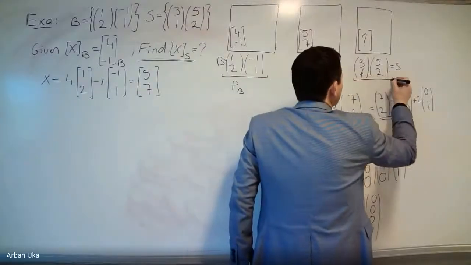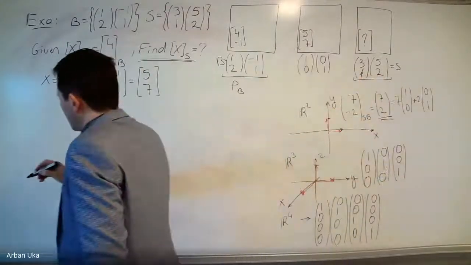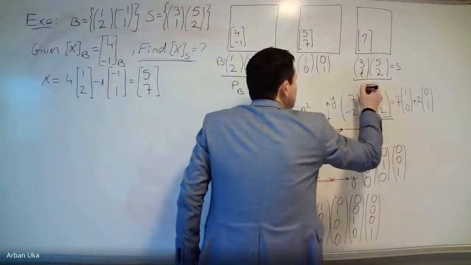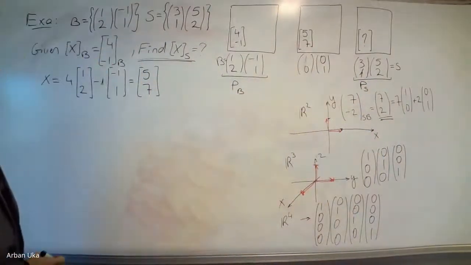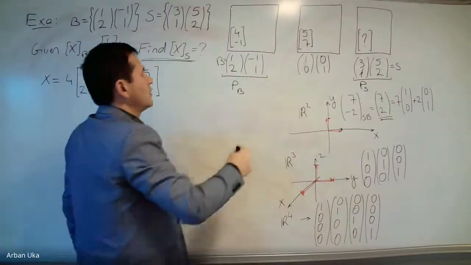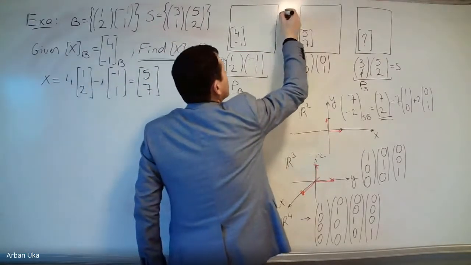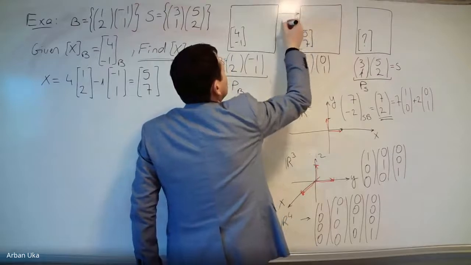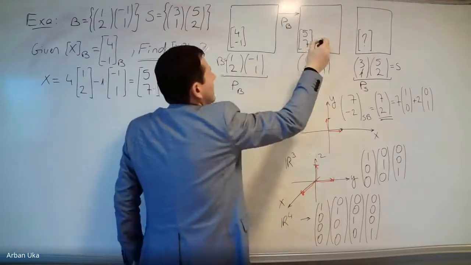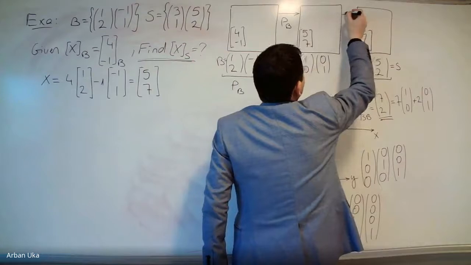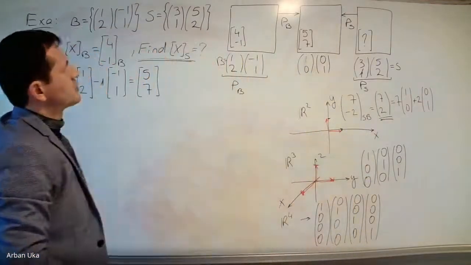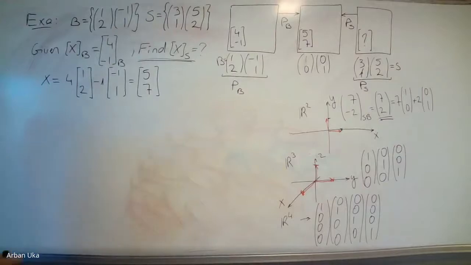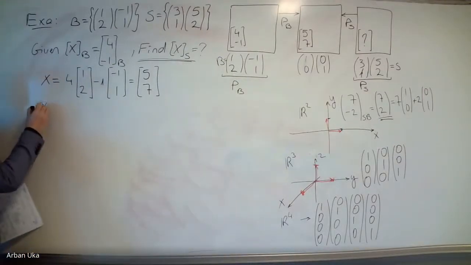Here we can write PS, the transition matrix of the S basis, okay? And how can we pass from one basis to another? We can use PB, and similarly, we can come this way using PS. So how did we find the vector x according to the standard basis?